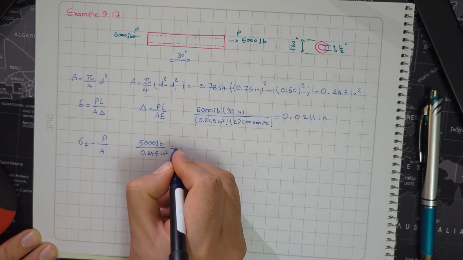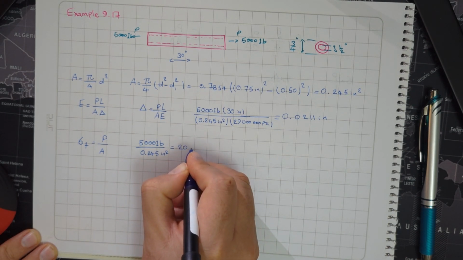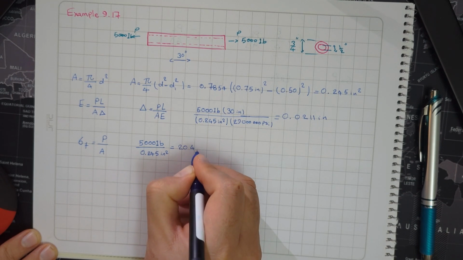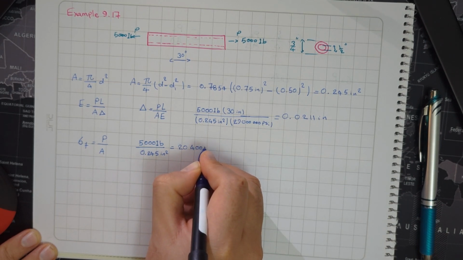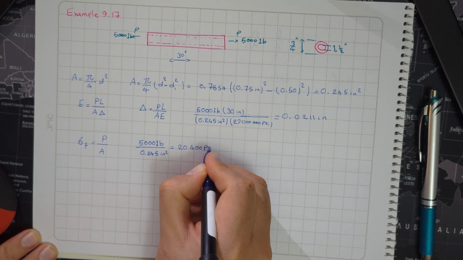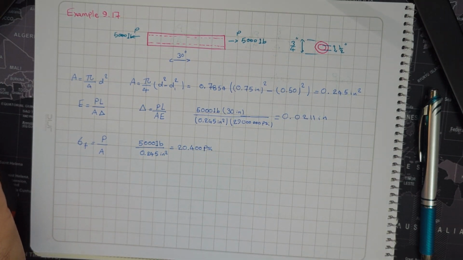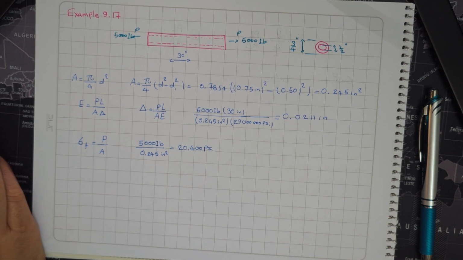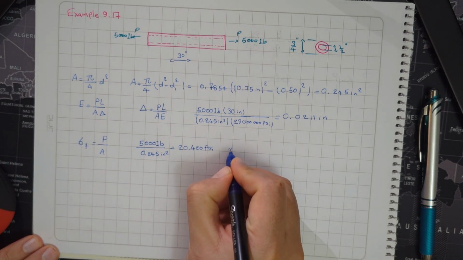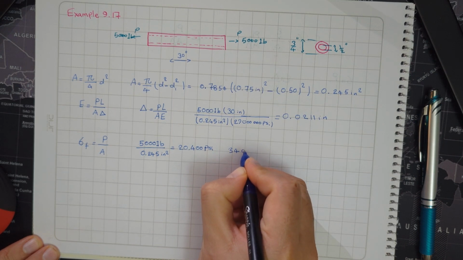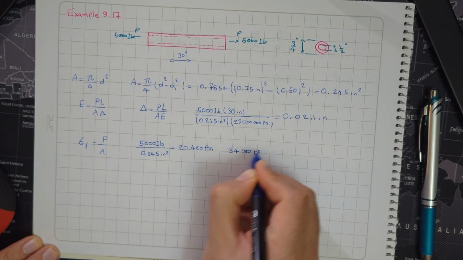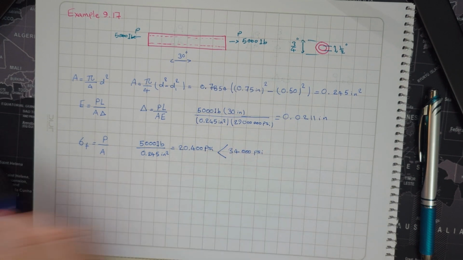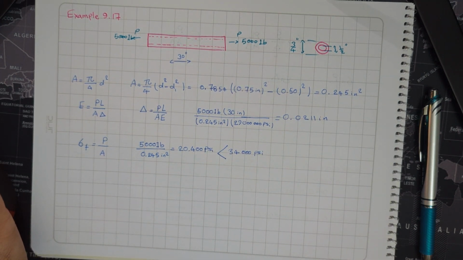The answer is 20,400 psi. All right. And if we look at the question, the proportional limit was 34,000 psi. So we haven't reached the limit, so it's okay. And the answer is correct.